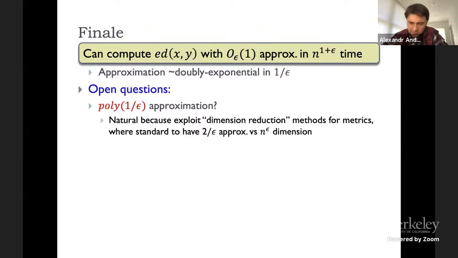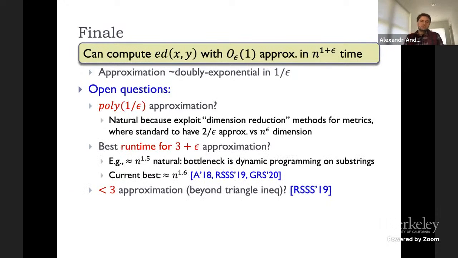I say this is natural because our result, and some previous results as well, use techniques that are like dimension reduction for generic metrics, things like distance oracles, like the trade-offs of a Thorup-Zwick type distance oracle, where you get something like 1 over epsilon approximation, and the space or query time complexity goes up by a factor of n to the epsilon.